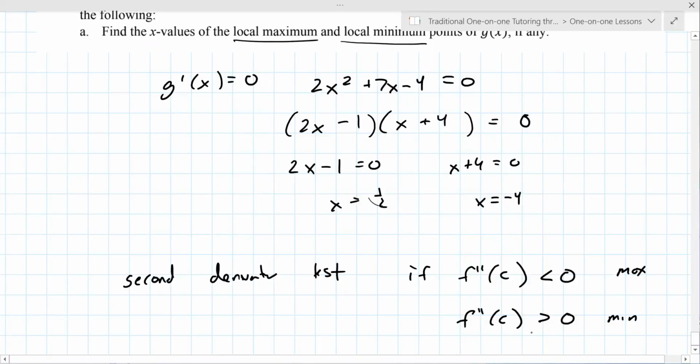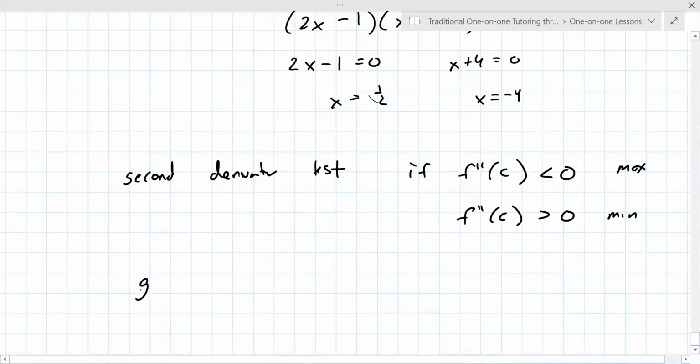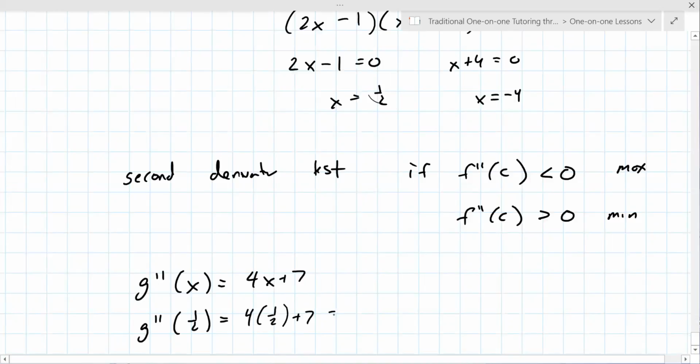Okay, so in your problem, you are given g double prime of x equals 4x plus 7. So we need to find g double prime of 1/2. 4 times 1/2 plus 7 is 9. Is 9 less than 0 or greater than 0? Greater than 0. So this means it's a min at x equals 1/2.